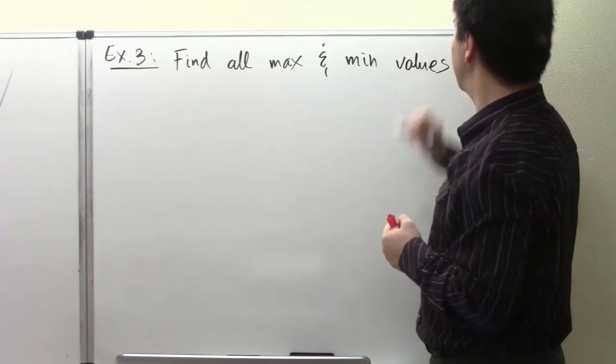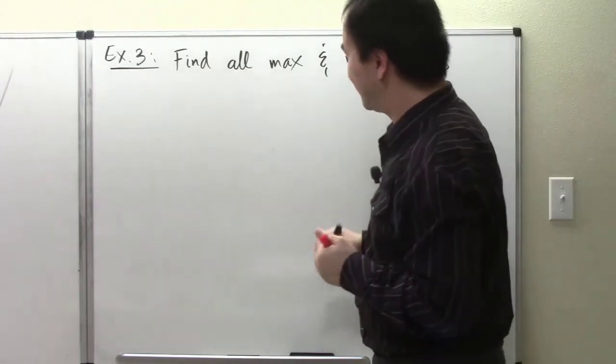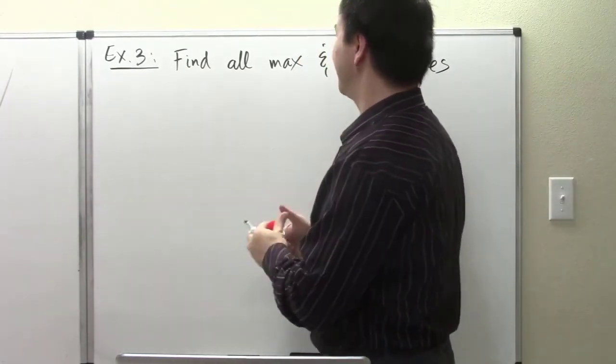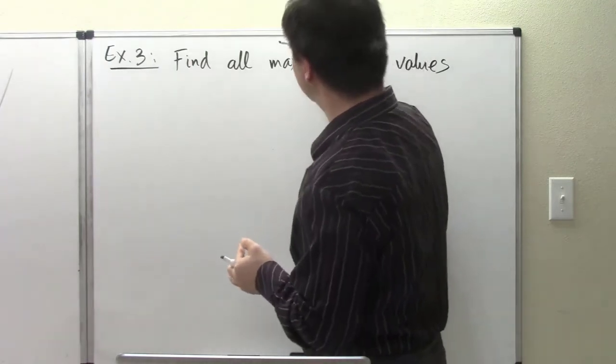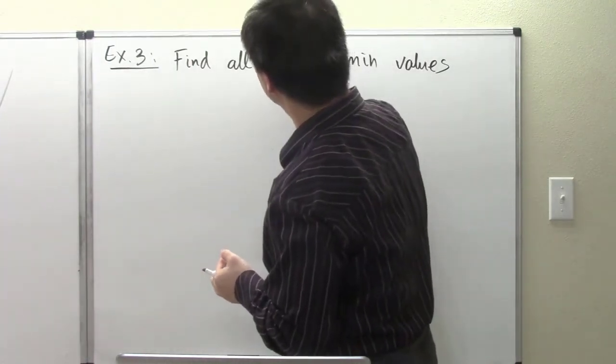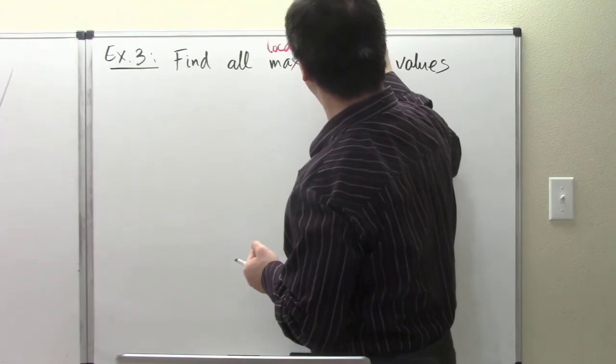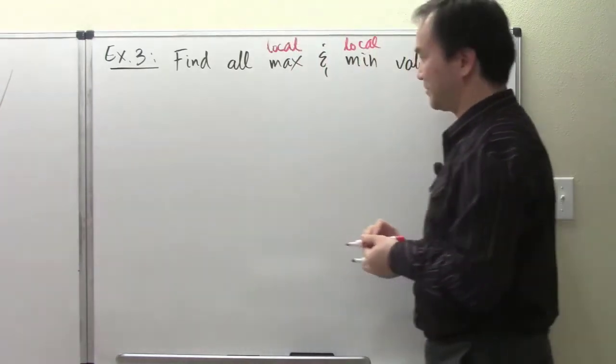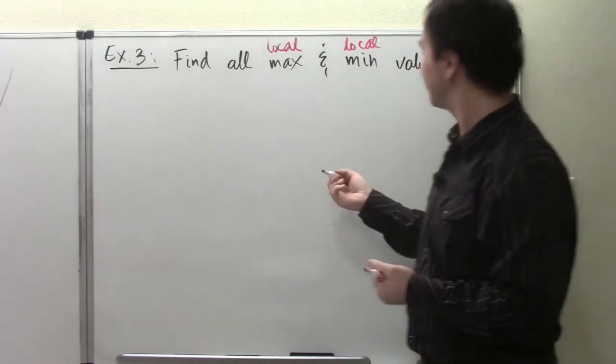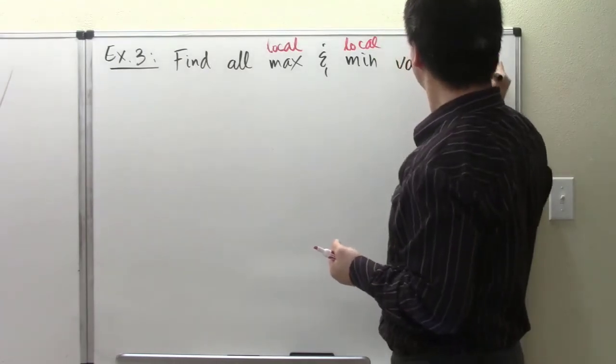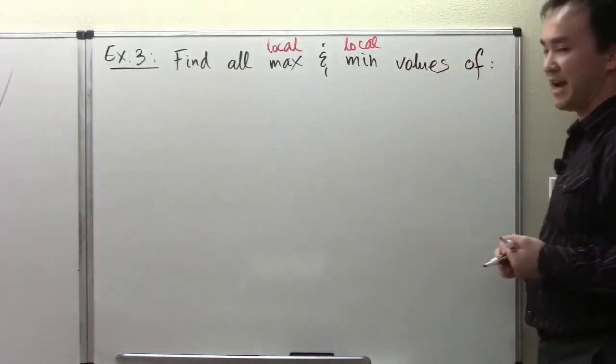I have to emphasize that these are the local maximum and local minimum values of the given function. I'm leaving it hanging right there.